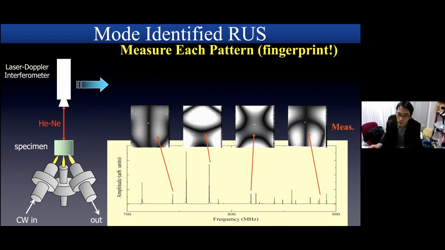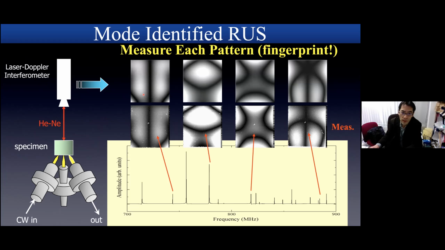These mode figures can be obtained by measuring the surface deformation distributions, and it is possible to compare them with calculations to accurately identify the observed mode. This is very important in the inverse calculation, because we must compare the same mode in the calculation and the measurement. Otherwise, the obtained elastic constants are physically meaningless.